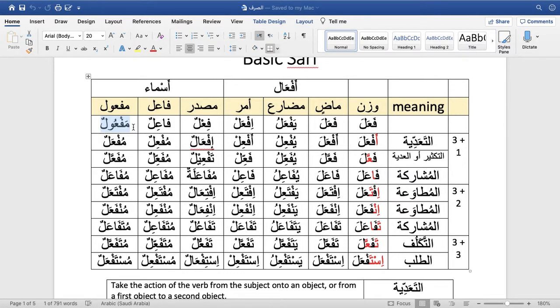Although in English this is not a noun, I believe, in this case. But for example, written, right? Written can be a verb, can be used as an adjective, but it can also be used as a noun. So that's what is called ismul maf'ul. So this is an ism.